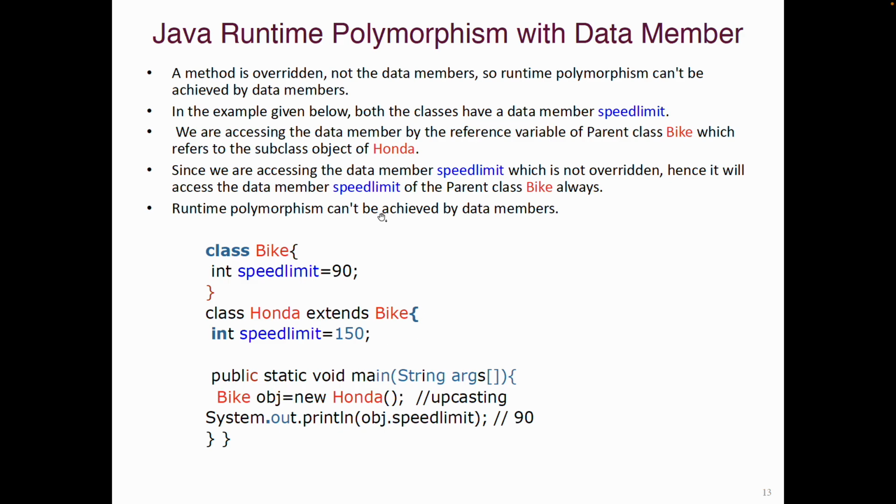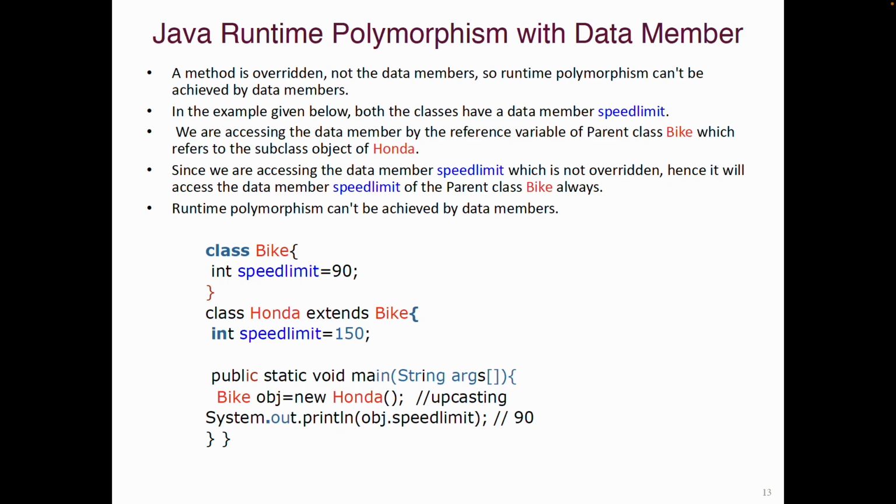Here's one more example, but this is about data attributes. So here is a short piece of knowledge that you need to memorize: polymorphism does not apply to the attributes. It only applies to the methods. So what does it mean? Let's say that we have this class Bike. It has this attribute speedLimit 90. And then we have Honda, which extends Bike. It says speedLimit 150.